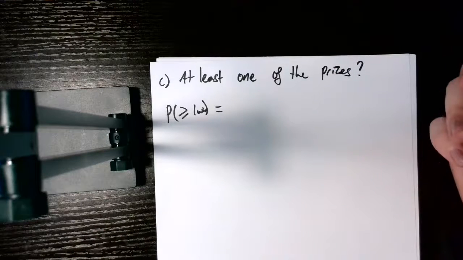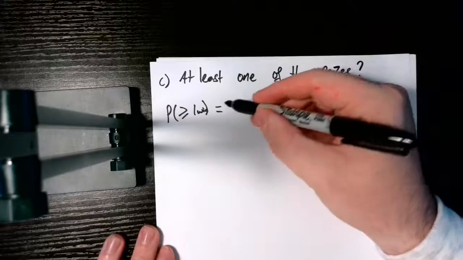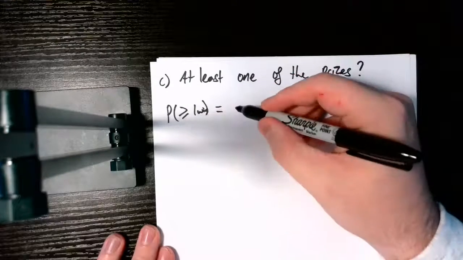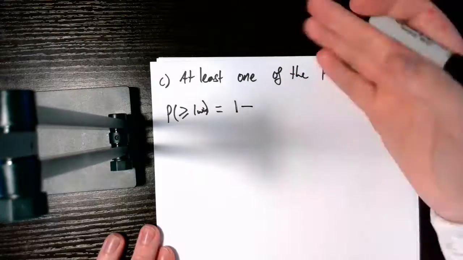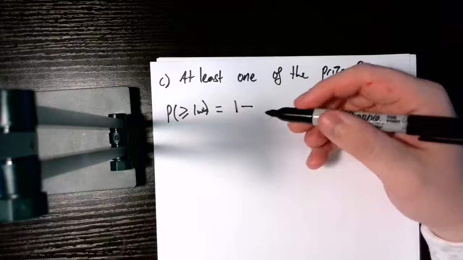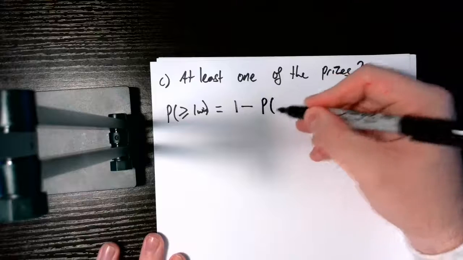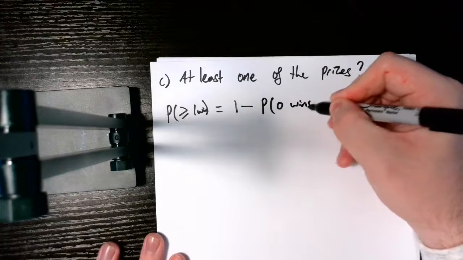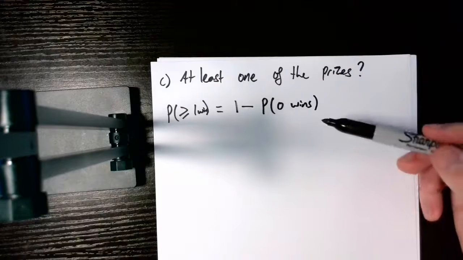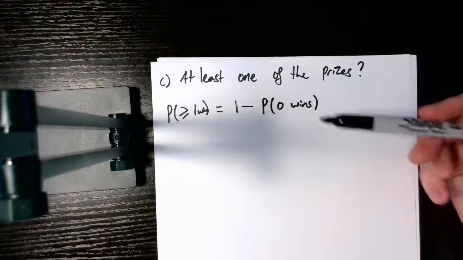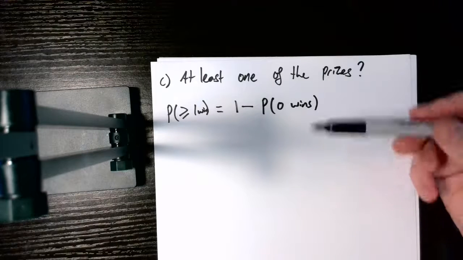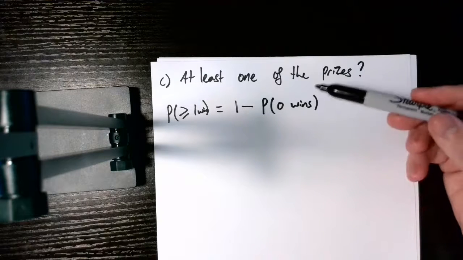That basically means the probability of at least one win is equal to 1 minus, using the idea of complementary events, the probability of 2 losses, or the probability of 0 wins. We've actually found that in our last part, part B: 0 wins, where she lost both of the draws.